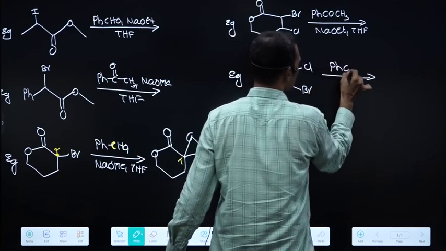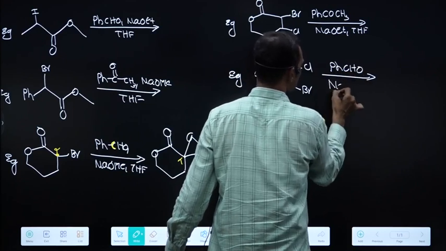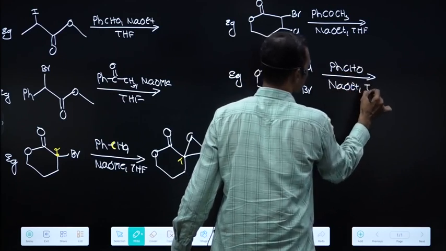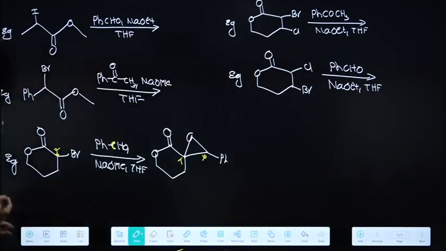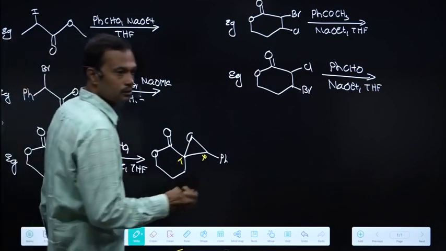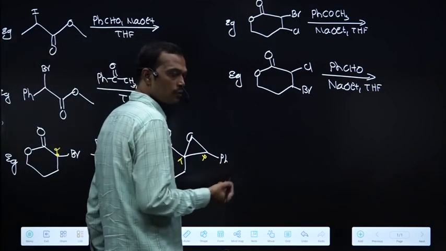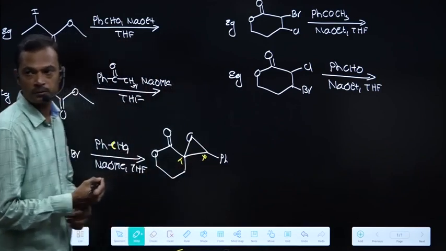Now, benzaldehyde, NaOEt. Will you get the same answer or different answers? Always the less electronegative halogen is highly preferred. Okay, the less electronegative halogen is highly preferred if it is attached at the alpha position.